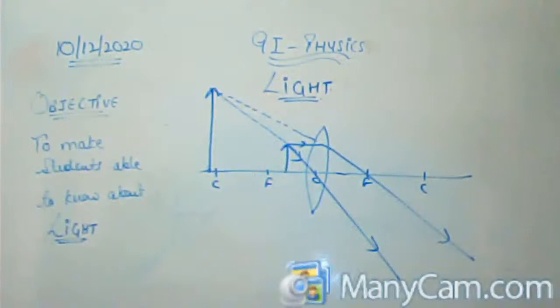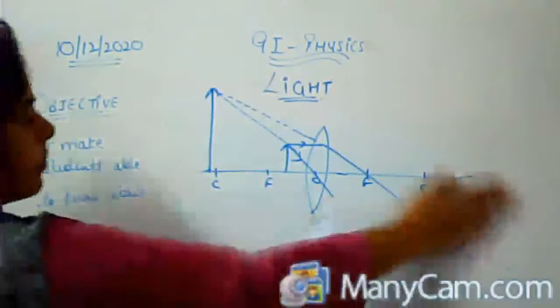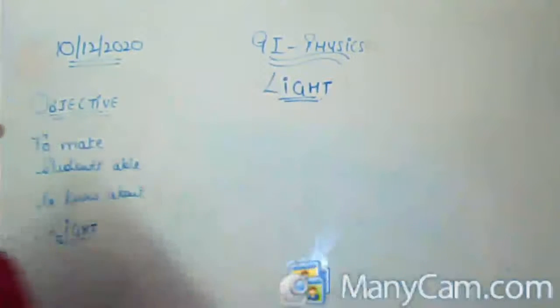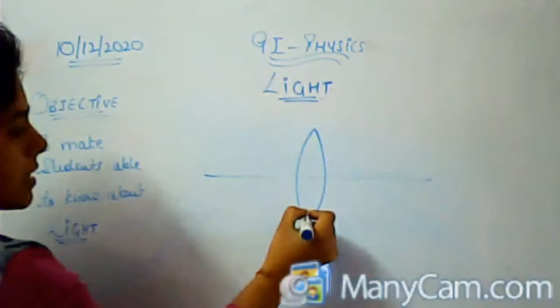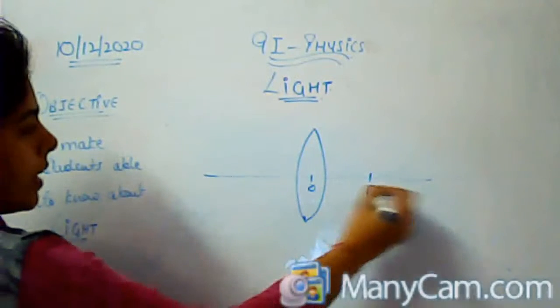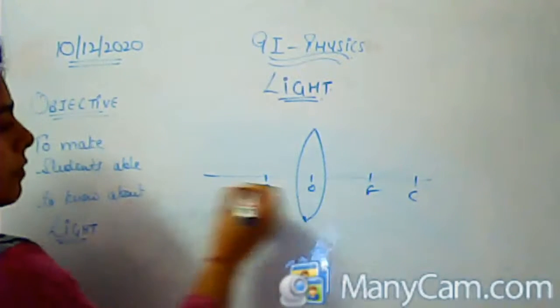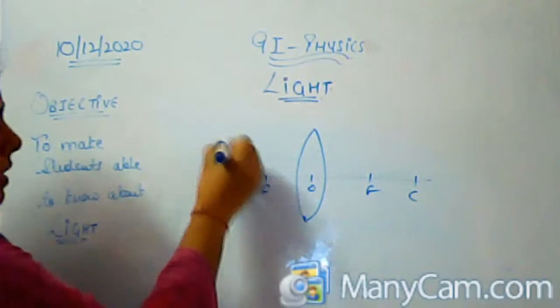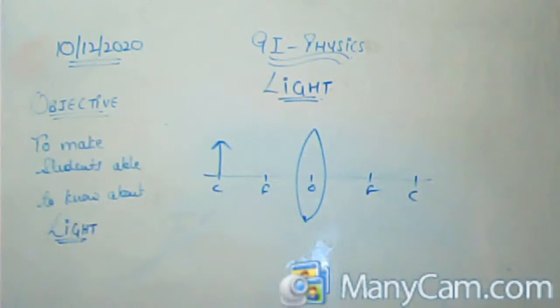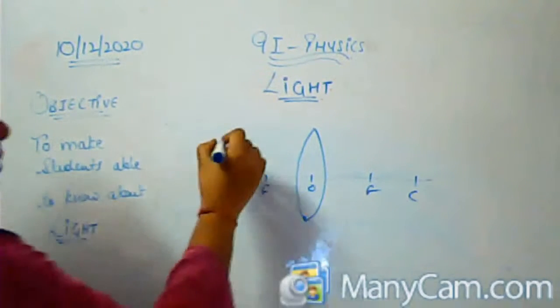Okay, what I mean to say is there is one diagram where your size of image and object is going to be same. और वो diagram क्या है? When you have the object at C. Fine. So this is your lens O, F, C, F, C. So when you have the object on the center of curvature, let's see how it works.